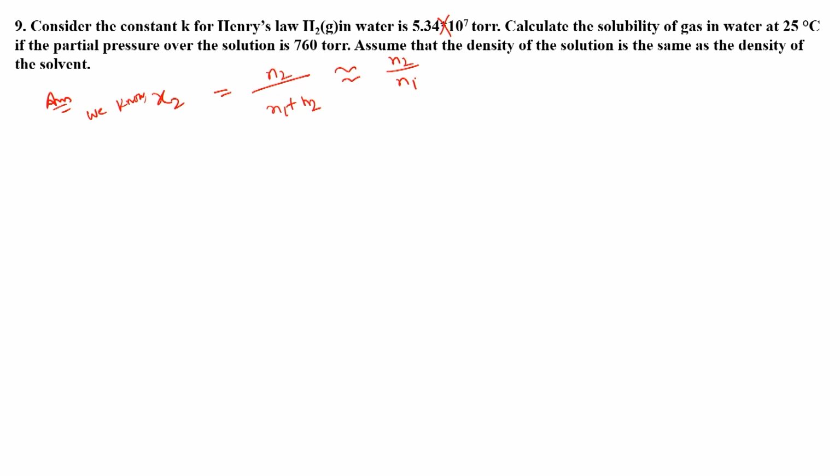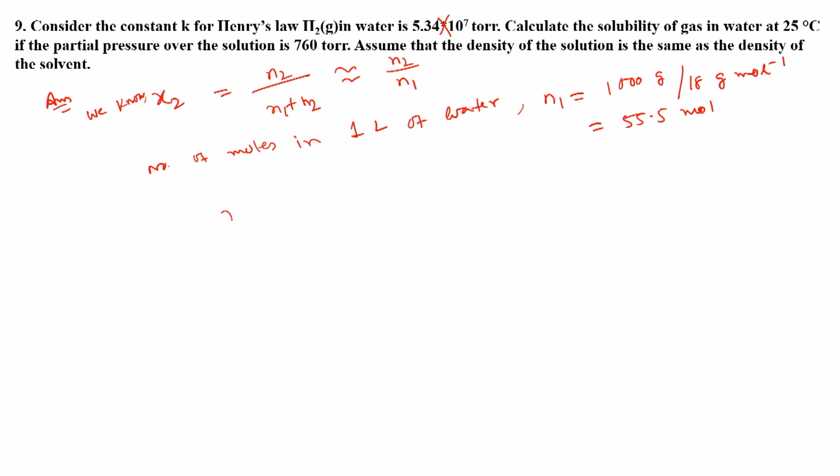Now the number of moles N1 in 1 liter of water is 1000 gram by 18 gram per mole, so we get 55.5 moles. Therefore X2 is N2 by 55.5, right?